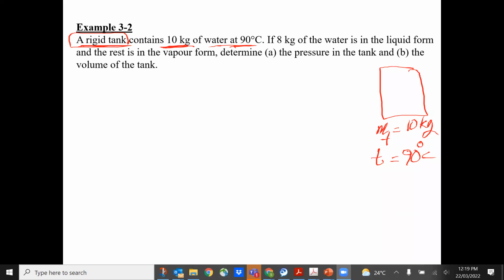Okay, now you can tell from the second sentence: 8 kilogram of the water is liquid. What does it mean here? So it is in the two-phase region. Yes, correct. Because mf is 8 kilogram, so what's mg? 2 kilogram. Correct.